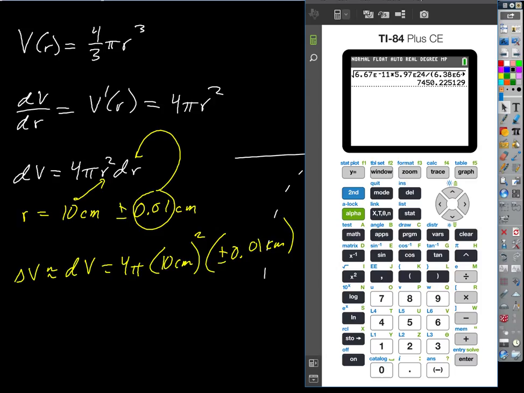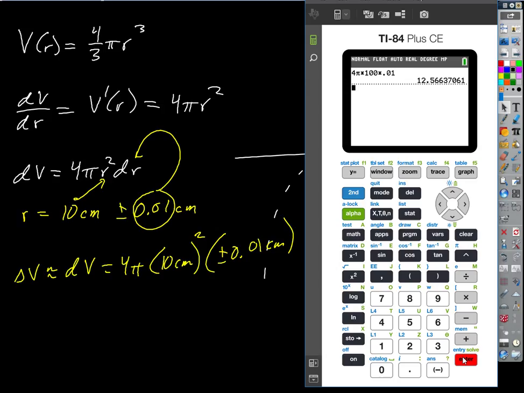4 pi times 10 squared, just 100, right? I just didn't put a multiplication between the pi. 10 squared, 100, times 0.01 gives us a value of about 12.56.